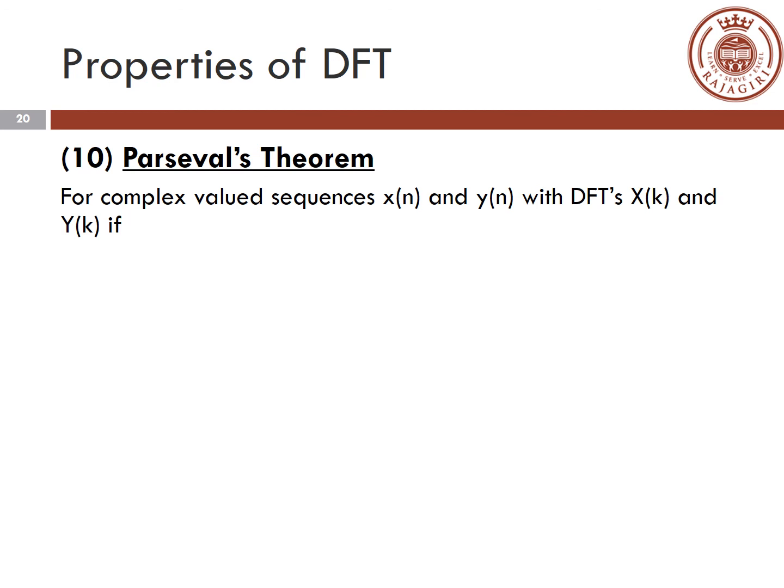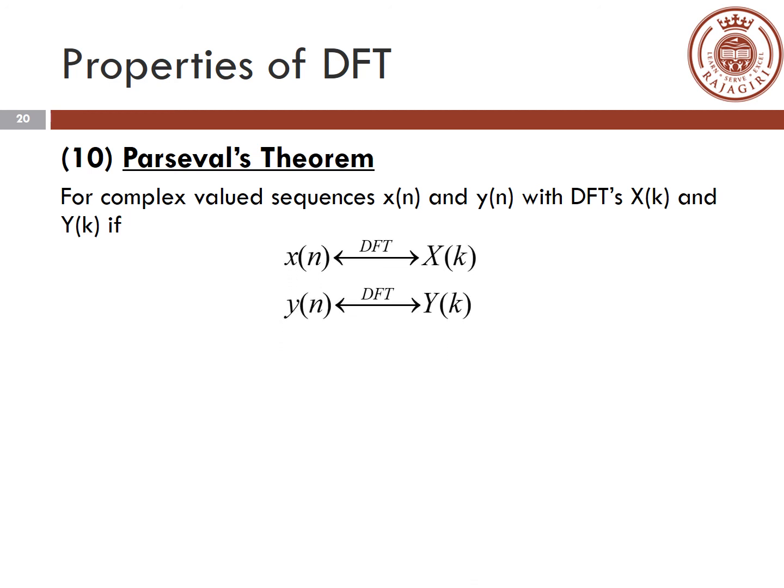The last property that you have to focus on in this particular section is Parseval's theorem. Parseval's theorem is something that you are quite familiar with from the previous portions. Now again, Parseval's theorem for DFT. Let's consider two complex N-point DFTs, X of k and Y of k.